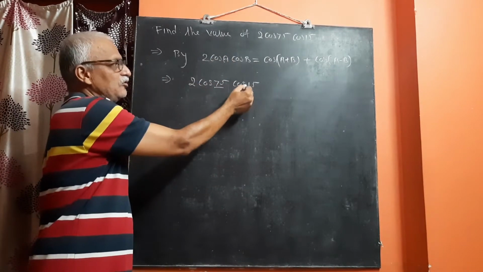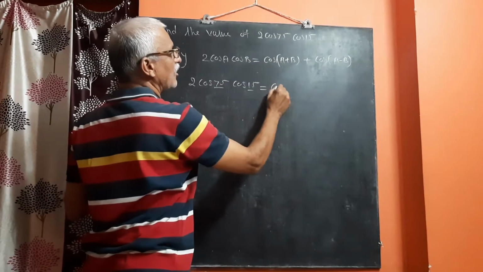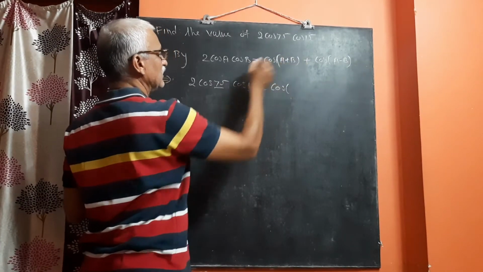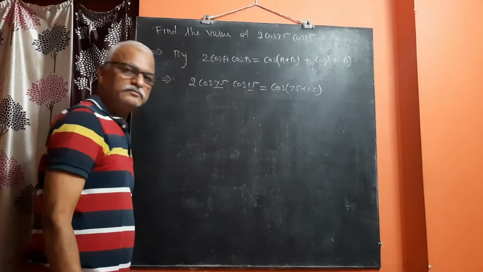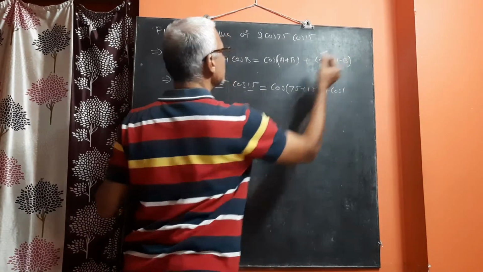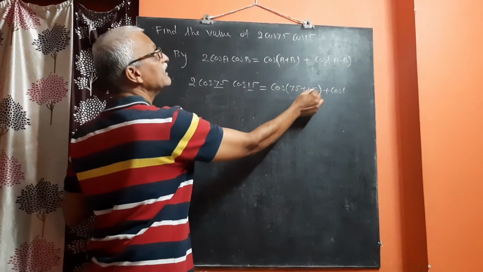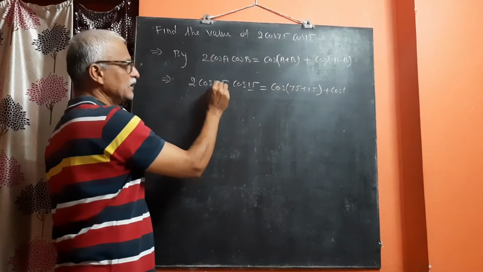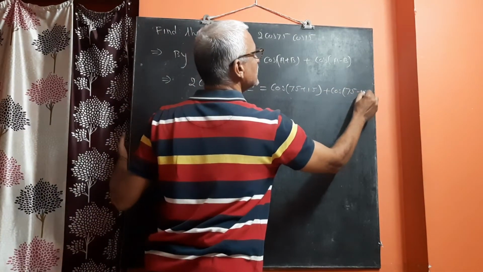2 cos A into cos B is equal to, what is this one? Cos of A plus B, that means 75 plus 15, plus cos of A minus B, that means 75 minus 15.